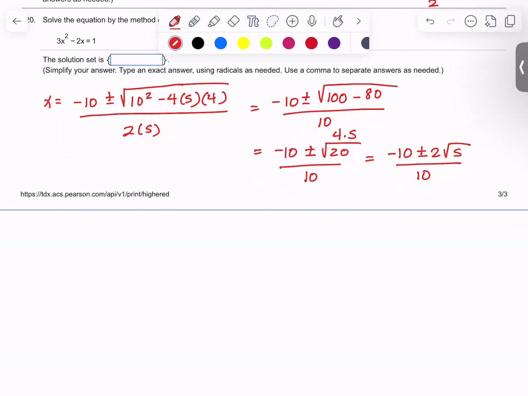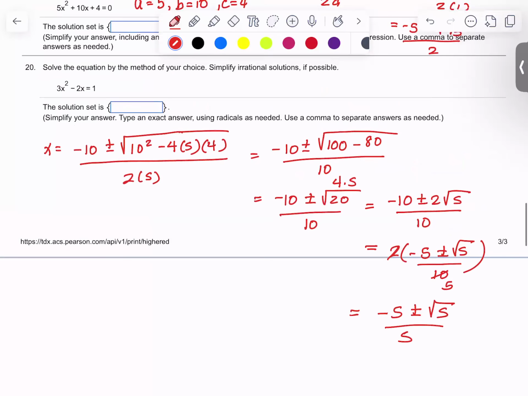You could factor that numerator, factor out the 2, and then cancel it with the denominator. So you get negative 5 plus or minus the square root of 5 over 5.